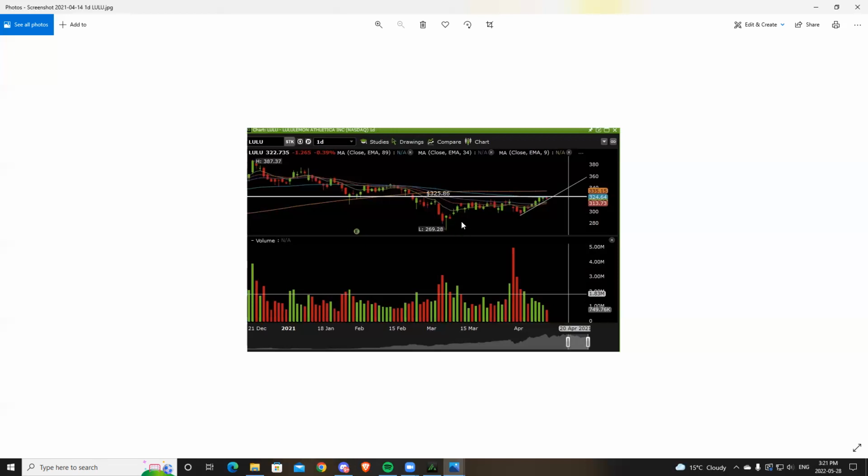So I would enter on this third candle that we see here. It retests the high of the previous red candle, somewhere around here. And it's also close to the top of the reversal candle that we see here. Yeah, so I would enter around there, ride it for anywhere between 10 and 20 points.